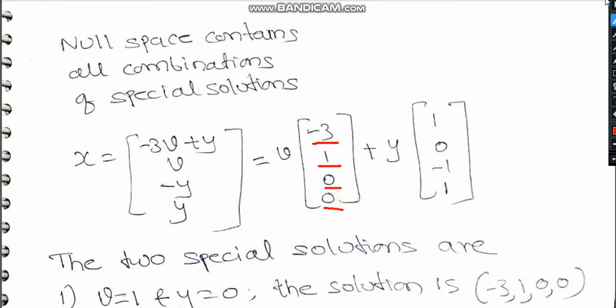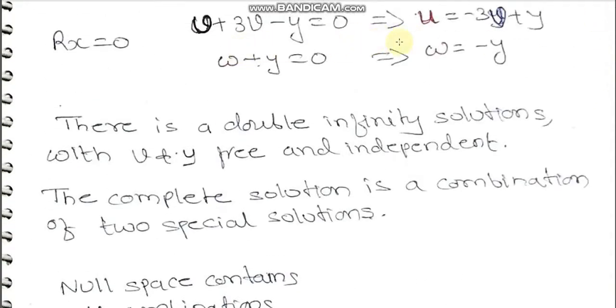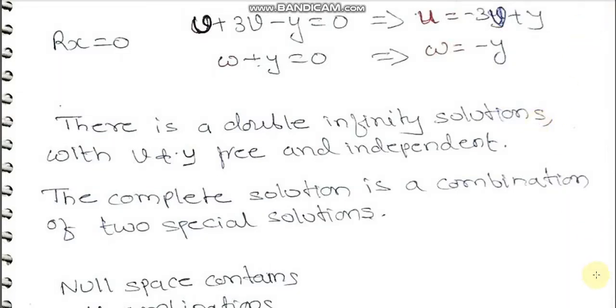When you look at this, the value of v in u is minus 3, and the value of v in w is 0, and you can find the same expression here.